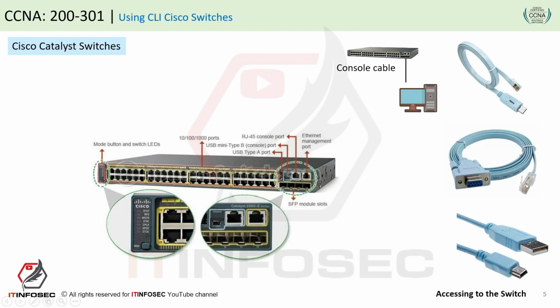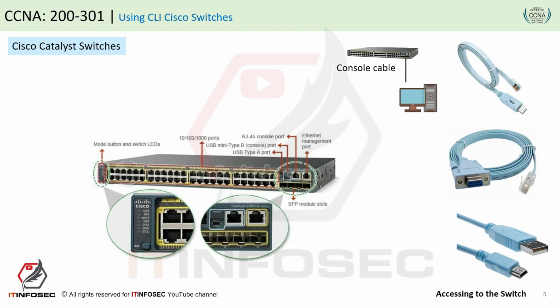The RJ45 connector connects to the switch console port, and the other side of the cable connects based on the cable type, for example an RS232 model, or maybe a USB model, and that side connects to your computer, for making a physical connection from your computer to your switch.